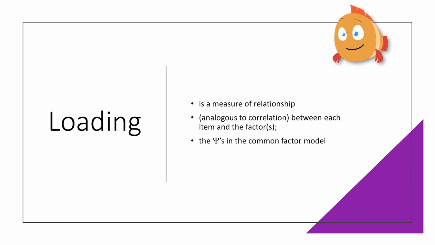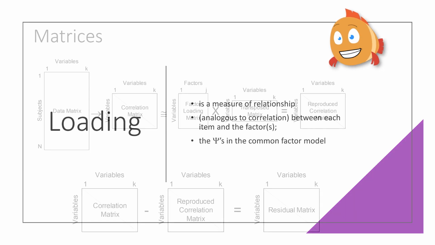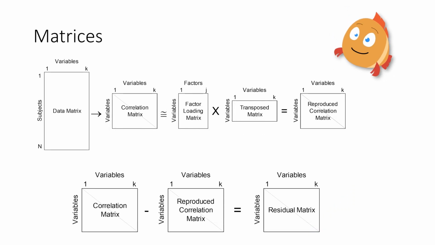They are describing how closely related the individual item is to the overall factor. Higher loadings correspond to closer relationships. So if you have a high factor loading, what that means is that scoring higher on that item is really indicative of having a higher score on that factor.